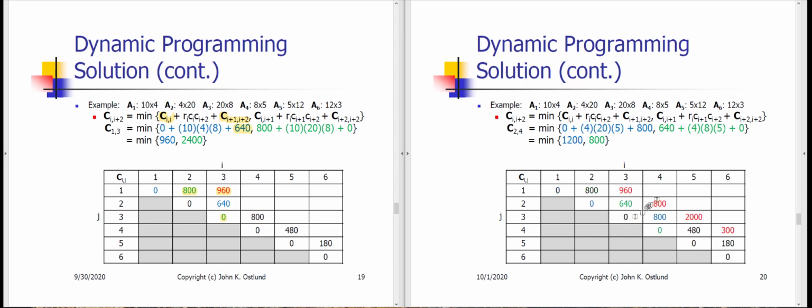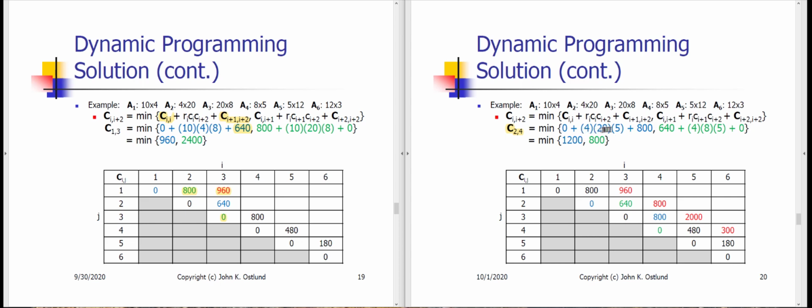All right, so here, without going through all the mess, I've filled in these other diagonal columns. Actually, here is another specific example. This is C24. Okay, so that's going to be C22, which is 0, plus the rows in A2 times the columns in A2 times the columns in A4. So that's going to be 4 times 20 times 5.